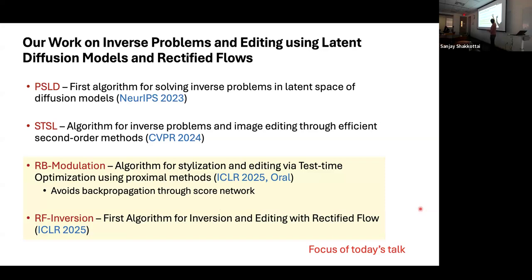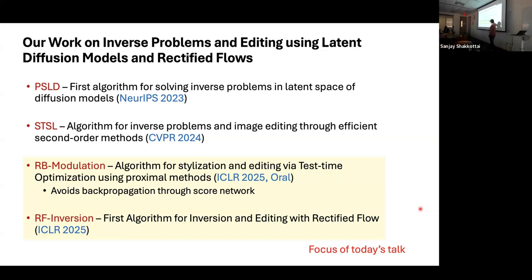It was the first algorithm for solving inverse problems in the latent space of diffusion models. This algorithm, however, had several approximations which were problematic, so we collaborated with the Pixel team to help reduce the bias. This is all background, and not really the focus of today's talk.